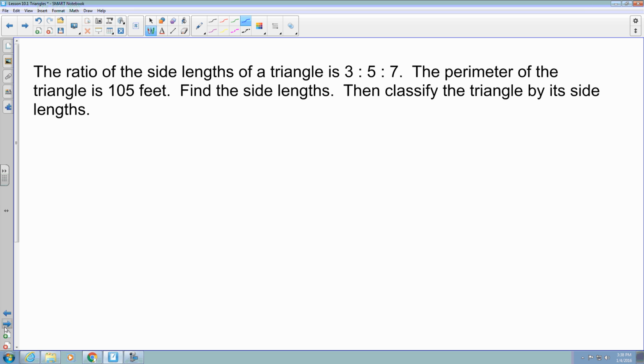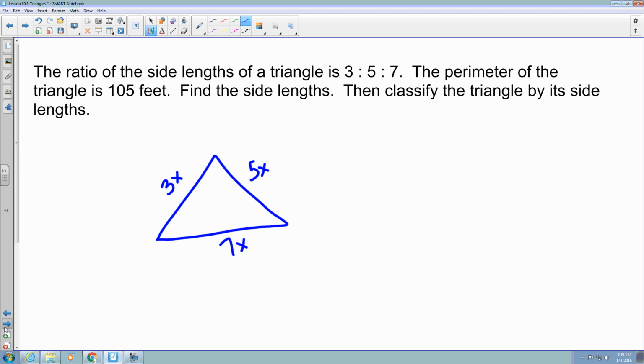We know that perimeter is the sum of all of the sides of this triangle. They don't tell us the exact sides, but they tell us the ratio. So this is 3, this is 5, and this is 7. We don't know anything else about that, but we do know that each would be multiplied by the same value.